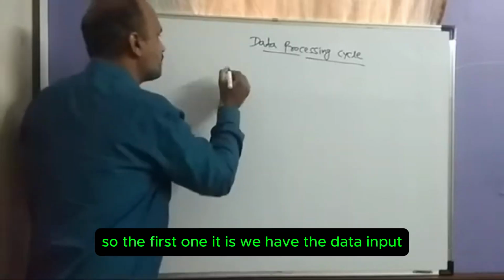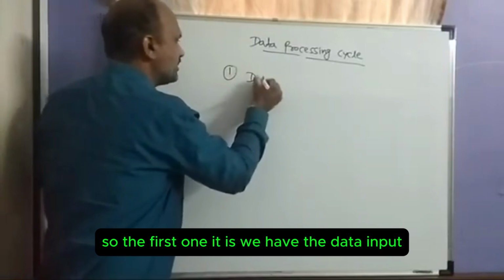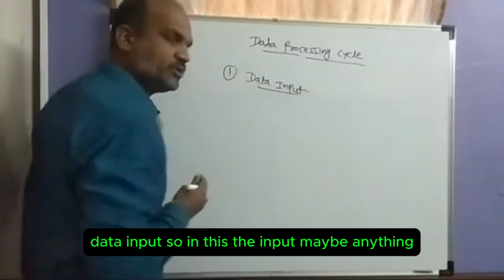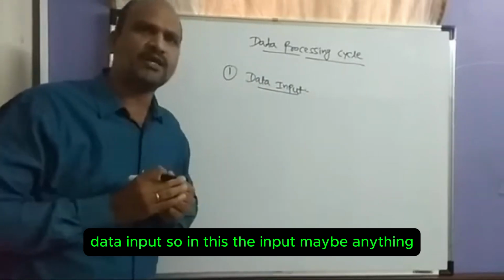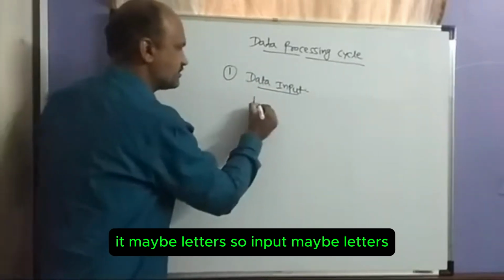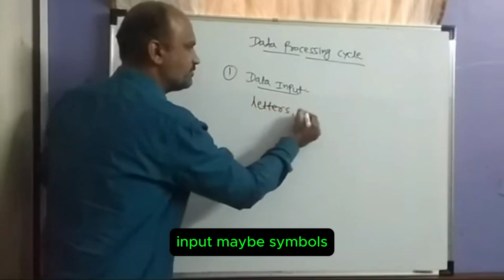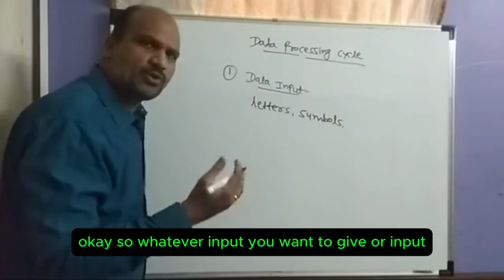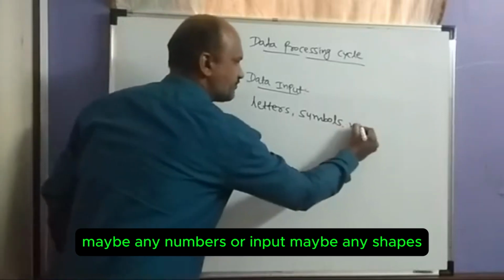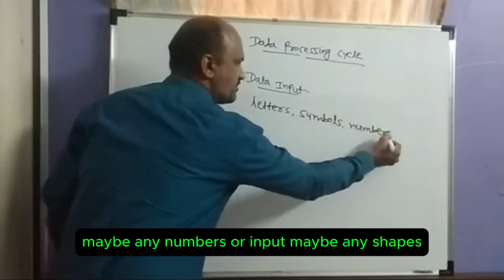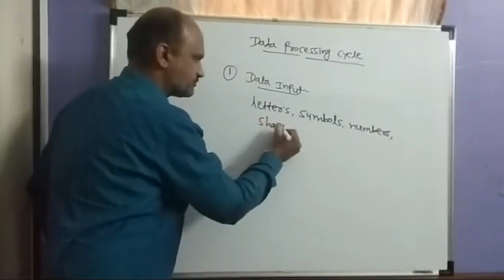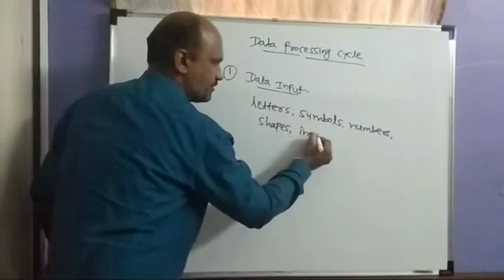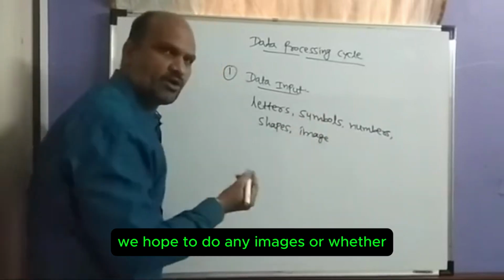So the first one is the data input. We have to give the data input, and the input may be anything. It may be letters, symbols, numbers, shapes, or images.